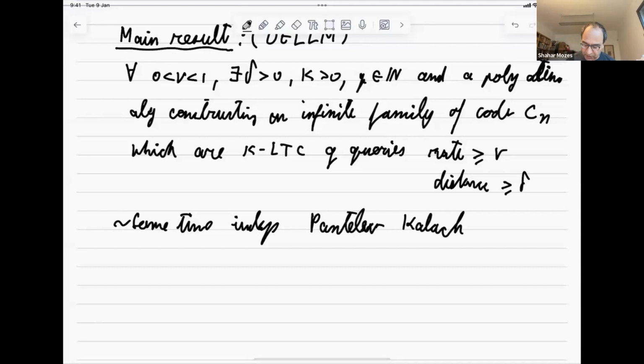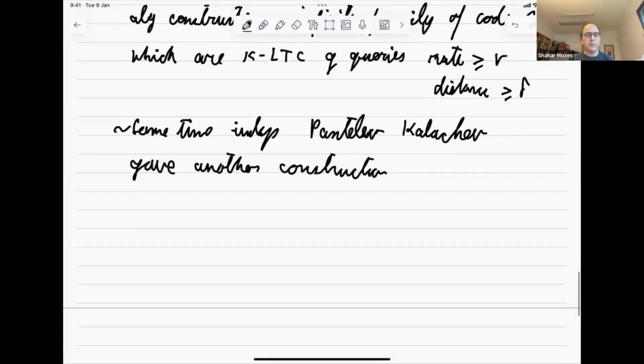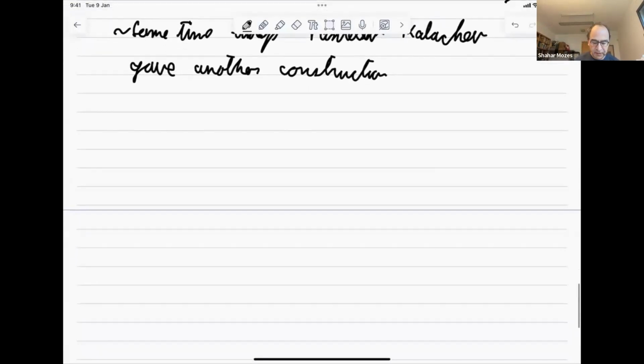I'm probably mispronouncing their names. They also gave another construction, and they actually used it in this direction to construct something called quantum error codes. The two works were done at the same time, independently.